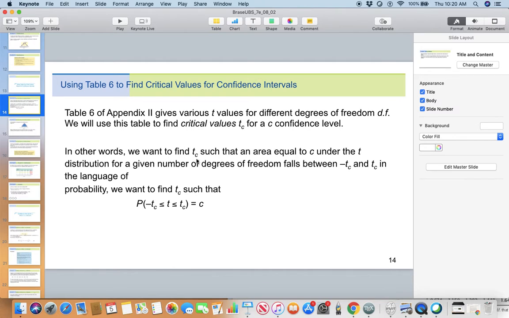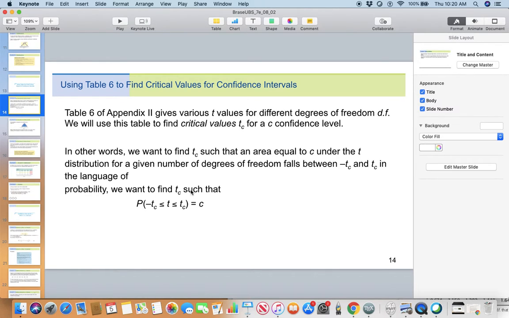In other words, we want to find Tc such that an area equal to C under the T distribution for a given number of degrees of freedom falls between negative Tc and positive Tc, in the language of probability.